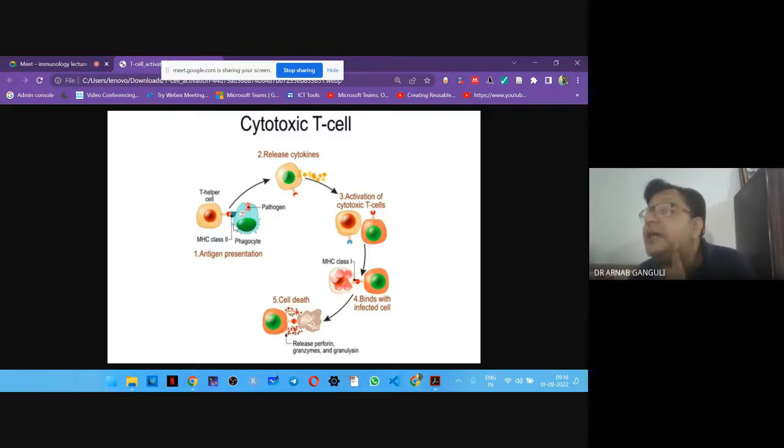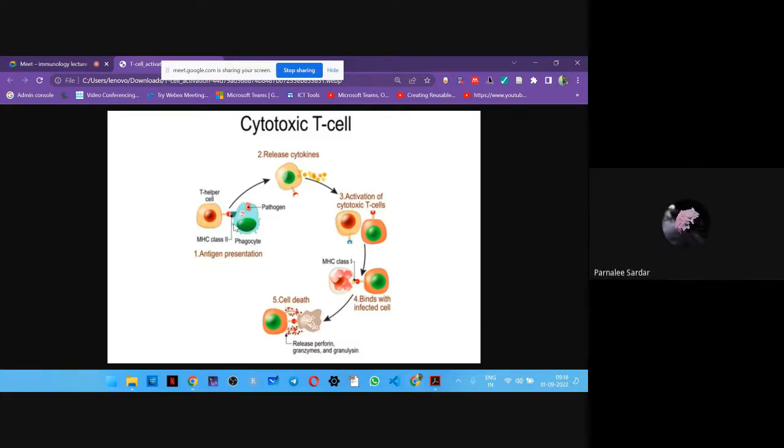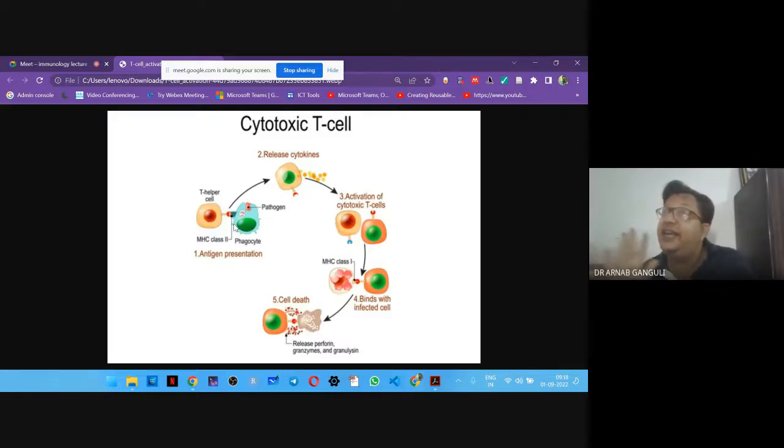But most of them are self. When the T cell is being selected, self ones are eliminated. So they are not allowed for further propagation. Do you remember this? Yes, sir. Yeah, the self ones are eliminated. So if the MHC expresses self ones, no problem. It is not going to attack that cell.